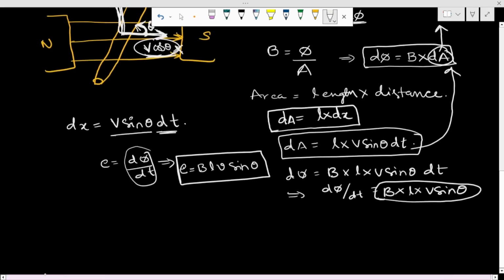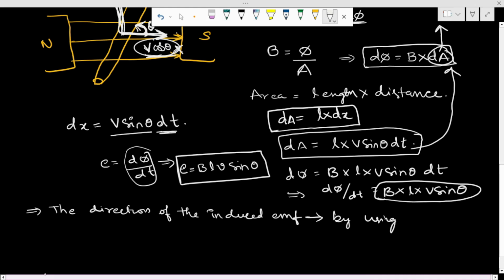The direction of the induced EMF can be identified by using Fleming's right hand rule. Let us see what Fleming's right hand rule is.